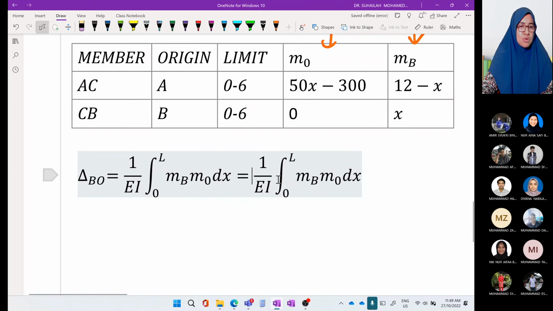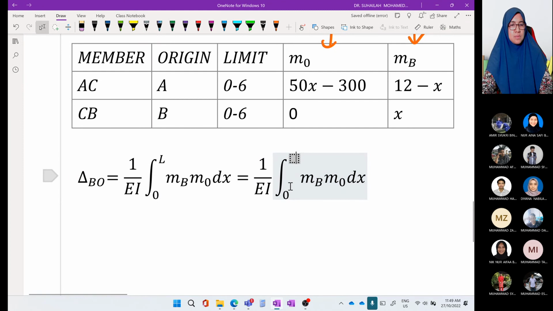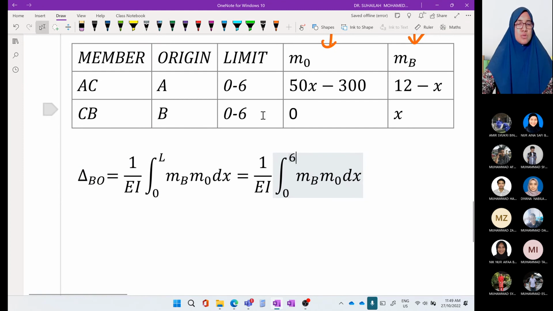This is the first time, so I just write the equation. Next time, just use the equation in the table and substitute into the calculator. Do not need to integrate manually, just use your calculator.